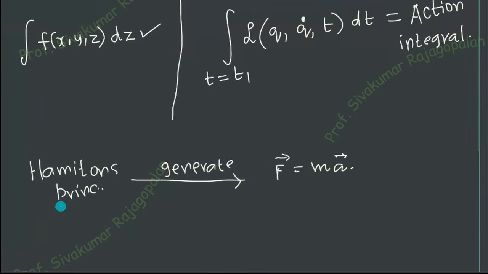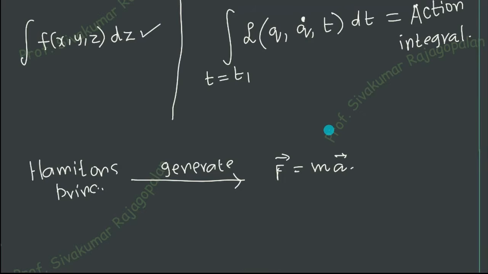The meaning is Hamilton's principle is going to be a much wider principle, not limited to mechanics alone. But if you say F equal to ma, F equal to ma is very particular to a physical system in mechanics only. This is not applicable to some other topic. That's the meaning. Therefore, Hamilton's principle is a much more general principle rather than limited to a particular topic. So that is the overall conclusion.